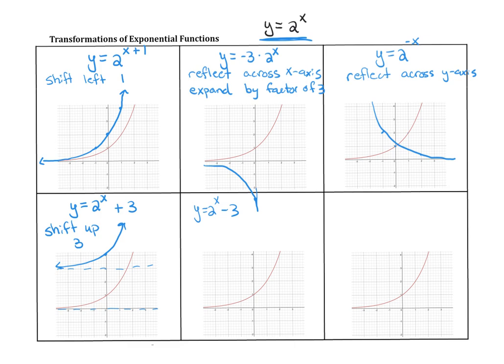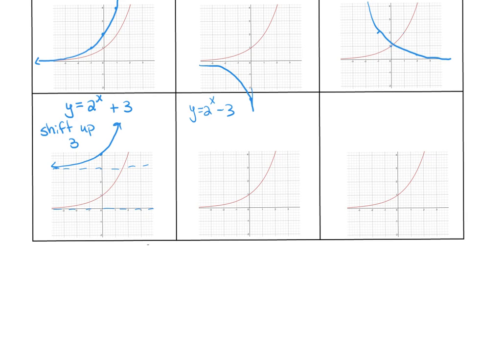You can guess that is going to shift down 3. I kind of lost that part of my graph, but we'll just put it down here. So the asymptote will be down here. Notice on this one, this is the first one where we actually have an x-intercept. None of the others have an x-intercept because of where the asymptote was.